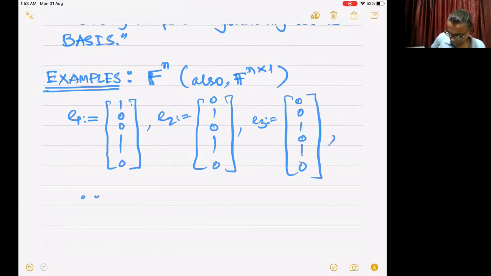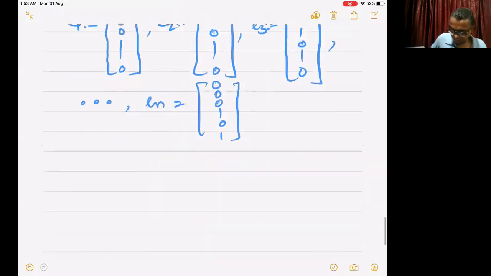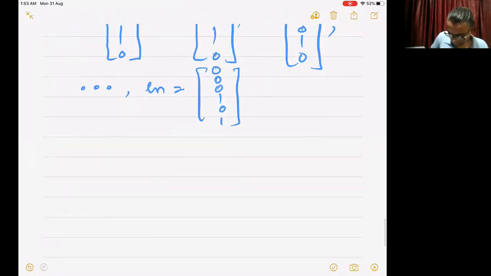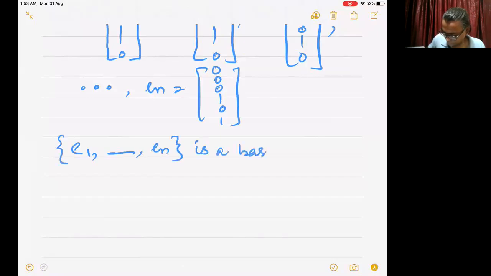And so on up to En, which happens to be 0 0 0 0, finally 1. This set E1 up to En is a basis for F to the n.